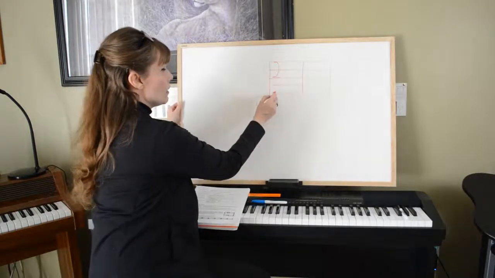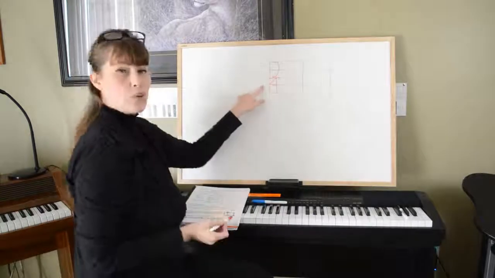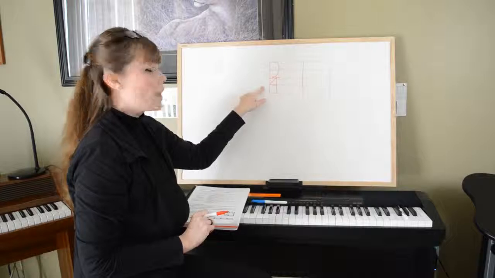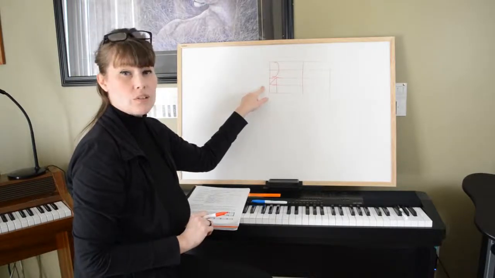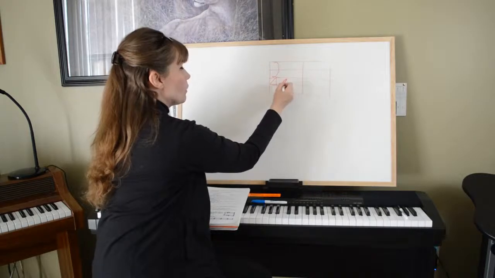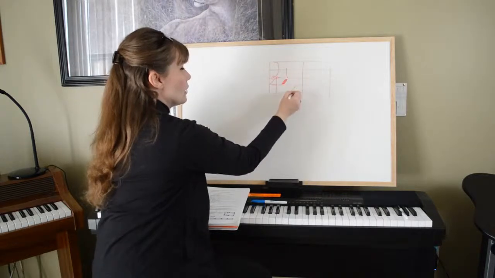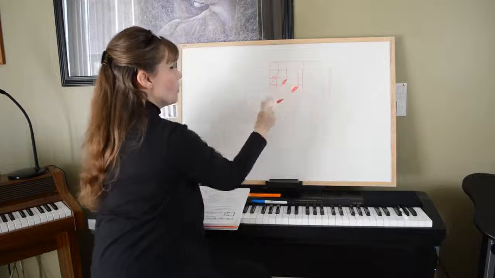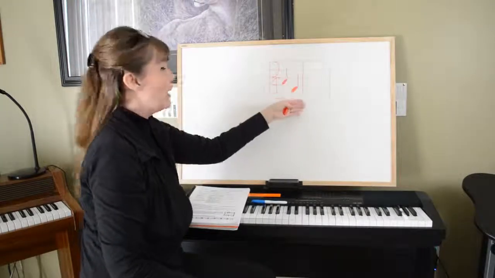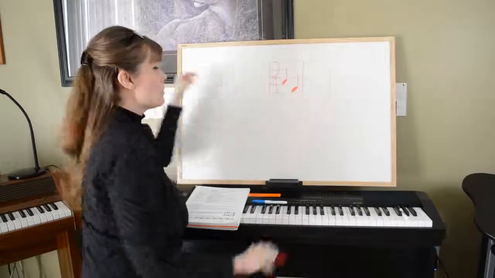So let's say I put a 4 at the bottom. That 4 stands for quarter. So I know that every quarter note is going to have a beat. So my music may look like I have 1 quarter here, and I'll put another note down here and have another quarter. That fills in 2 beats for that measure, and then I have my bar line, and I'll need another 2 beats for the next measure.